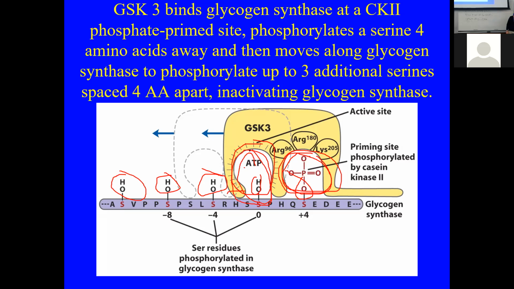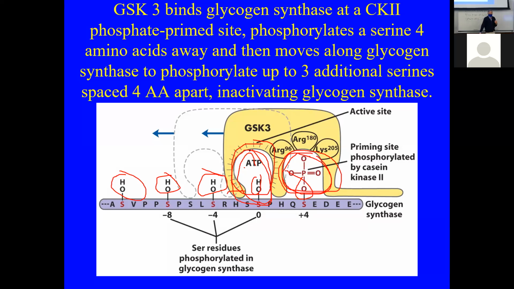This binding site is now going to overlay this newly phosphorylated second serine, and the catalytic site is going to be placed over a hydroxyl group on a serine 4 amino acids away. And this continues to add phosphates until 3, 4, 5 copies of serine now have phosphate present on them. This leads to its inactivation.